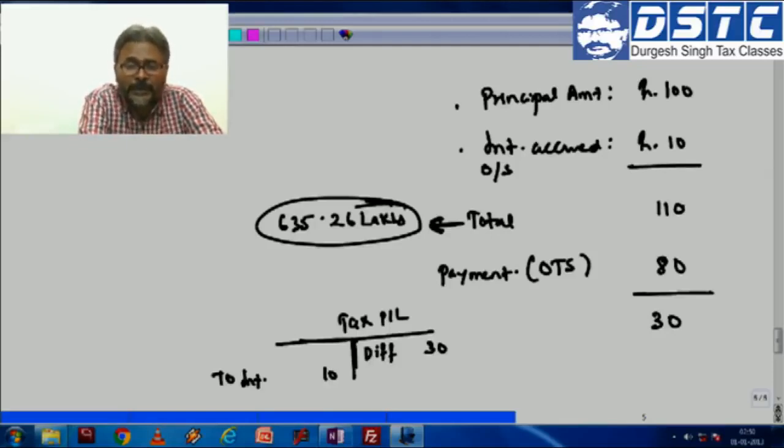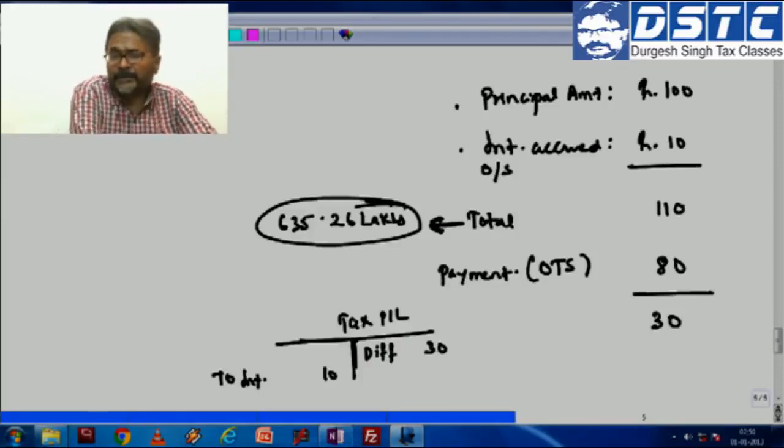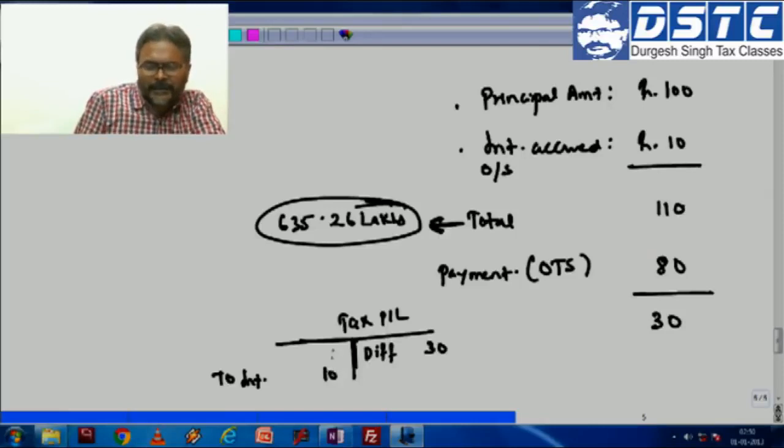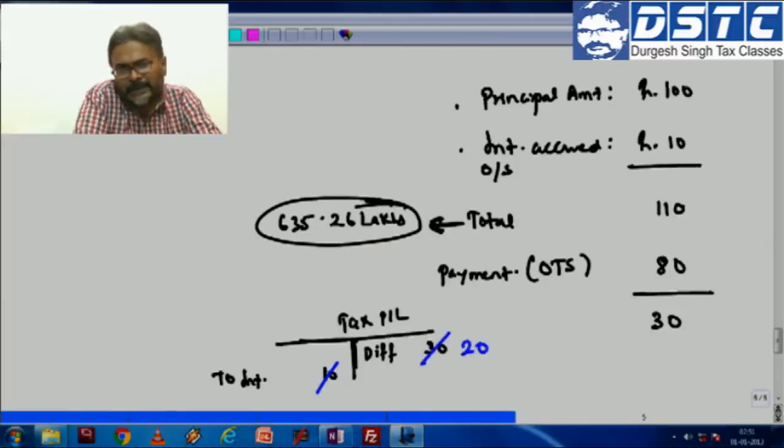This was the argument. The court in this KLN Agrotech Limited's case has held, and this is important, that if you don't give the deduction of 10, then the assessee should show only 20 and not 30. Either of the two has to happen.